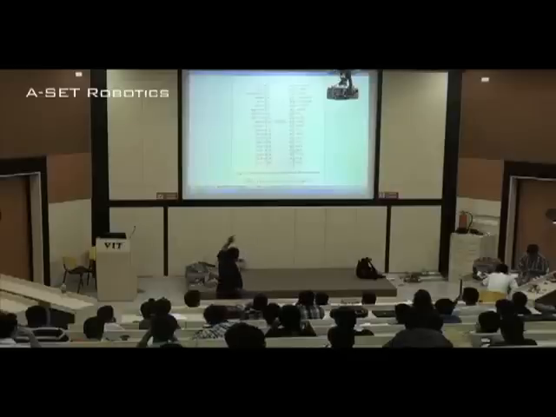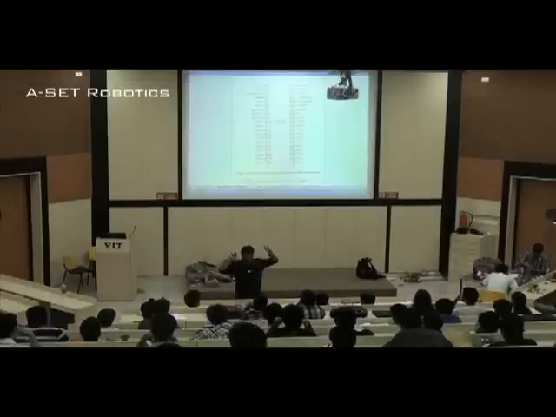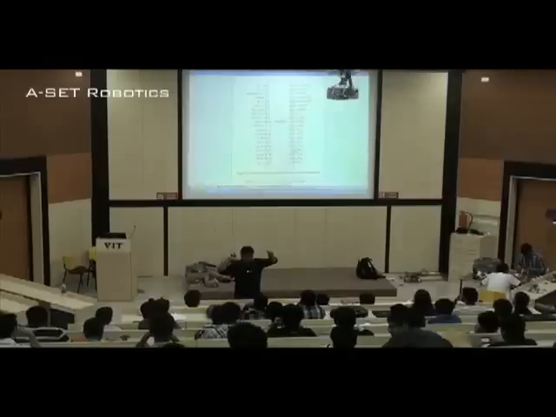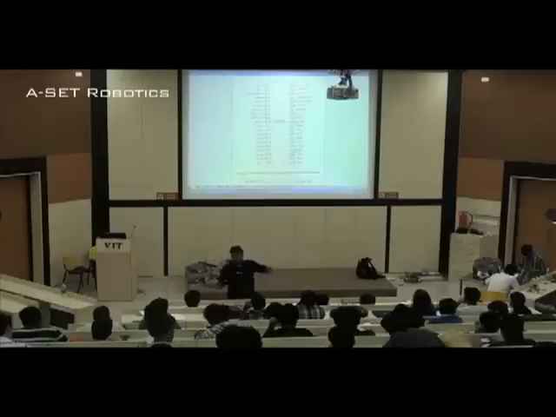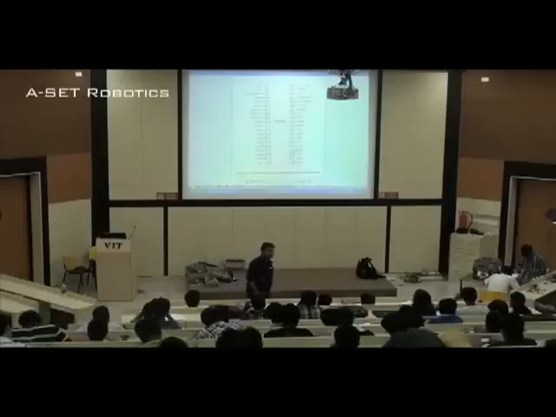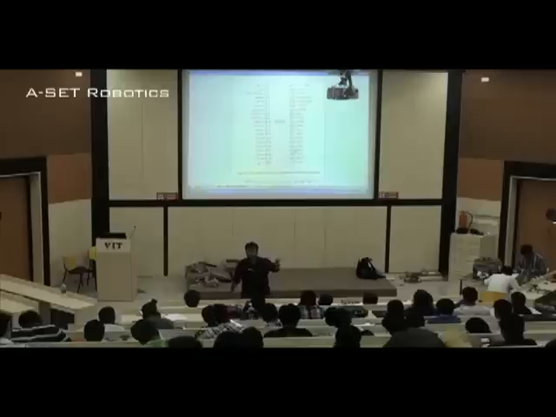Did I tell you about the 3 types of buses right now? Data bus, address bus, and control bus. Control bus is for controlling the devices, address bus to send the address, and data bus to send the data.